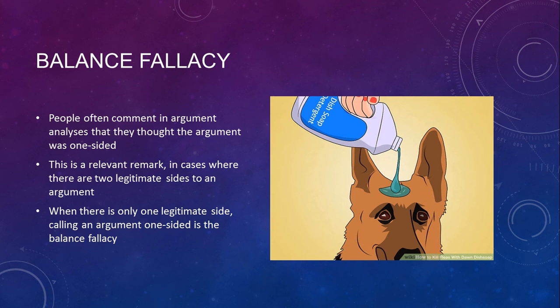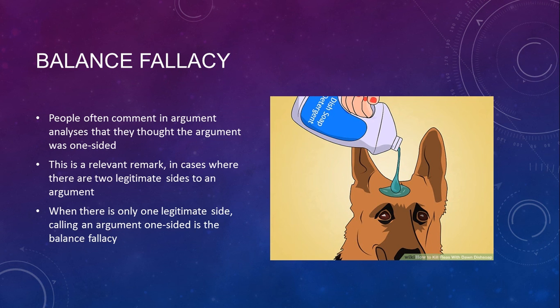Now, what error of reasoning has been committed here? It's the balance fallacy. That would be an instance of the balance fallacy because there's probably not a really good reason to pour dish soap on the dog, right? Probably not. Actually, this picture comes from How to Kill Fleas with Dawn Dish Soap. So if the kid came back with, well, the dog has fleas and you're not doing anything about it, so I thought I'd try to help, then it wouldn't be an instance of the balance fallacy.